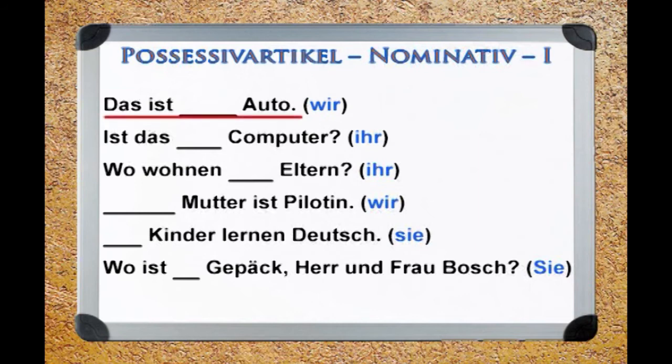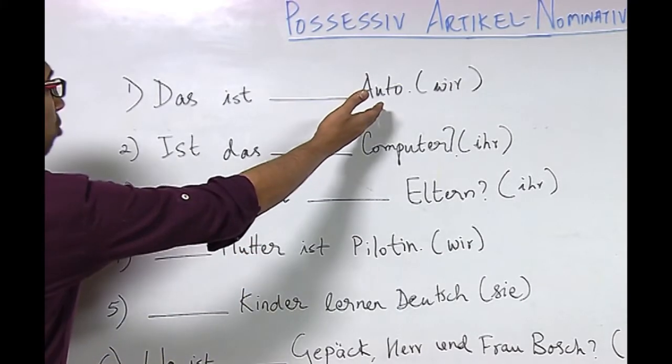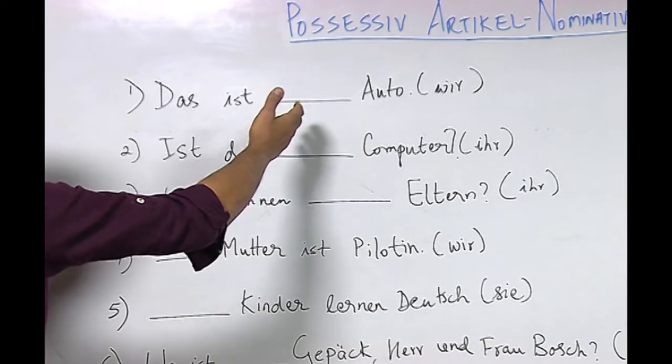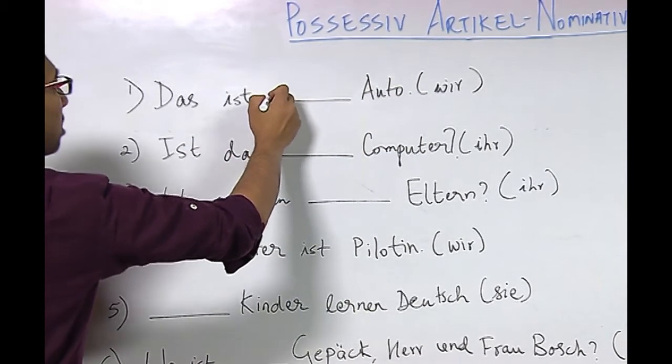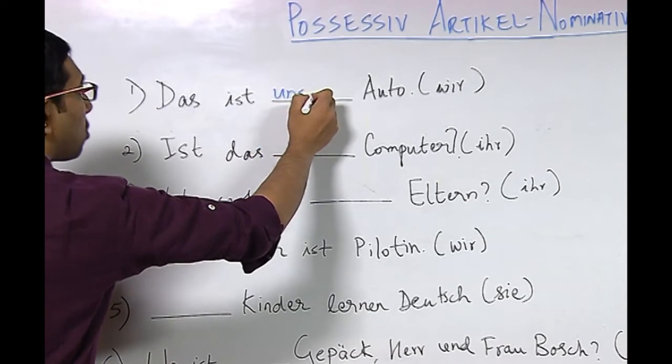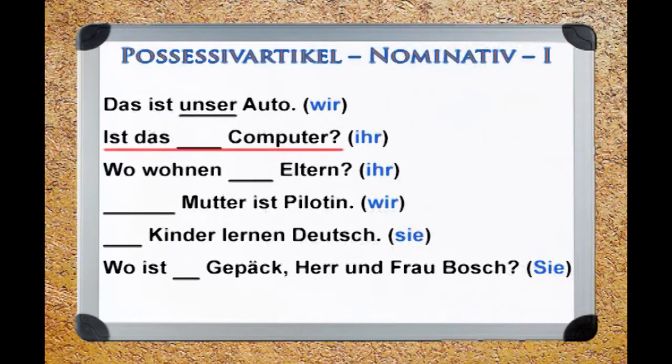Please look at this sentence, das ist Auto, and here in bracket we have the pronoun wir. As you know, the article for the noun Auto is das, so we have here for wir the possessive article unser, das ist unser Auto. Now, let us look at sentence number 2. Ist das Computer?